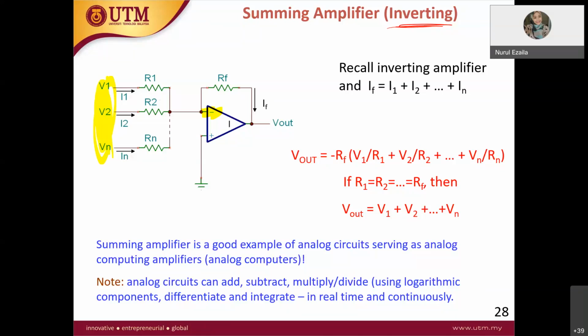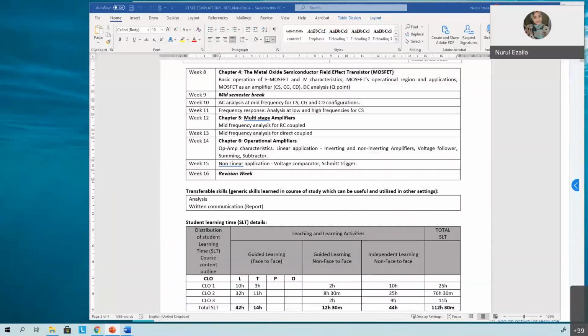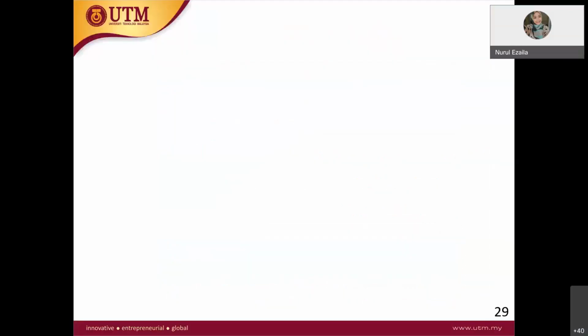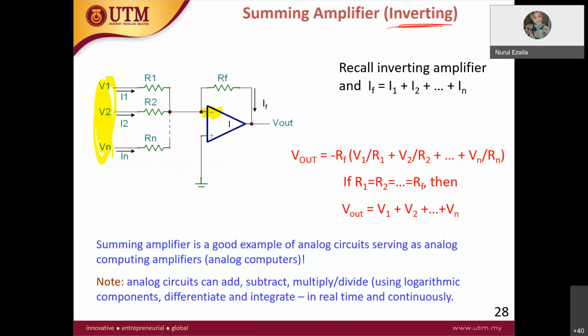Vn could be V3 or it could be more. So how do you derive this? Again, you apply the assumptions just now and also the total current. Let's take a look over here. I need to add one more slide. So in this case, your V in is connected to the V minus, and this is your V plus.